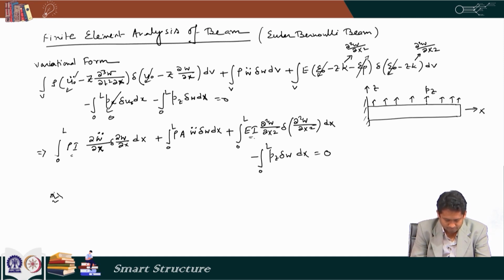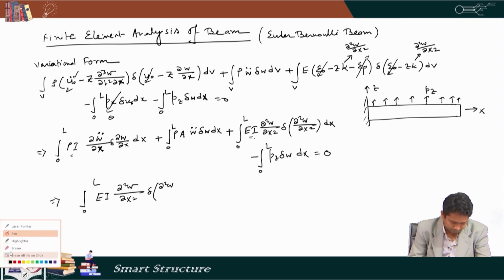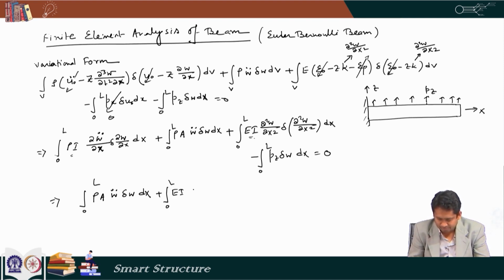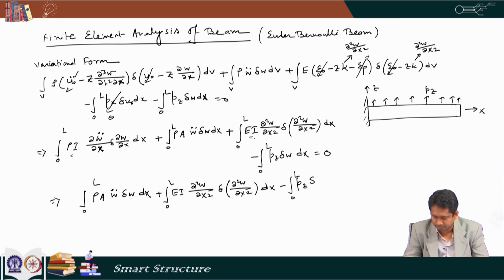So, this is equal to integral of rho A w double dot variation of w dx plus integral of E I del 2 w by del x 2 multiplied by variation of del 2 w by del x 2 dx minus integral from 0 to L of P z del w dx.